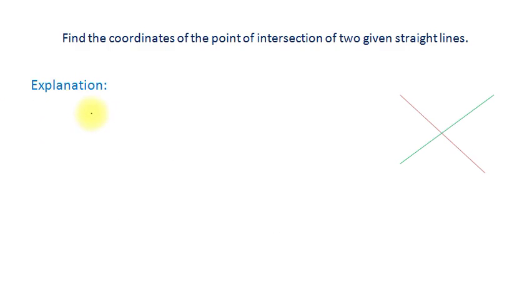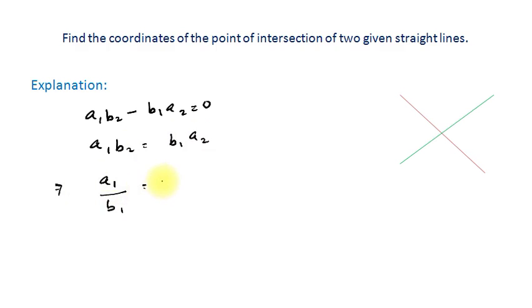So here we can write a1 b2 minus b1 a2 is equal to 0, and this can be written as a1 b2 is equal to b1 a2, and from here we can write a1 over b1 is equal to a2 over b2. So basically these are the slopes of the lines. It means that the slopes of both lines are equal. Okay, so here we write the slopes of lines L1 and L2 are equal.